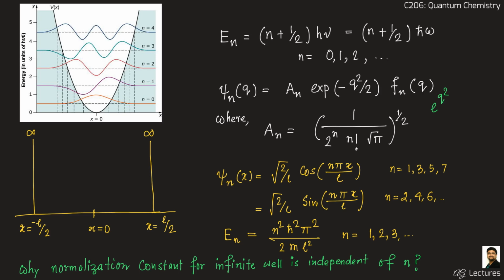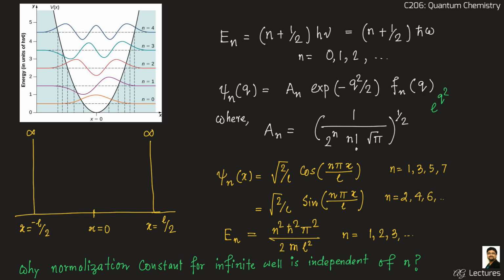So what does it mean? It means that the functional part of the wave function, again without looking into the normalization constant, actually increases in amplitude as we go from n equals 1 all the way to infinity. The amplitude becomes larger and larger.